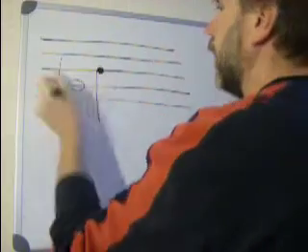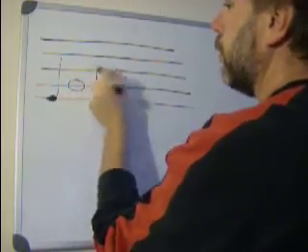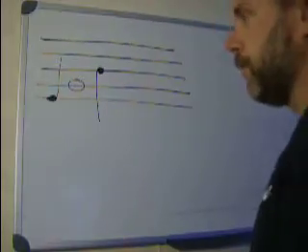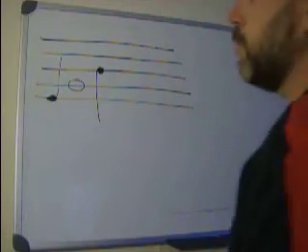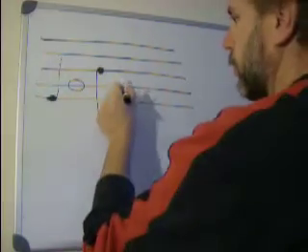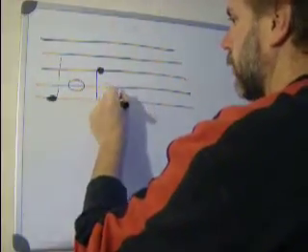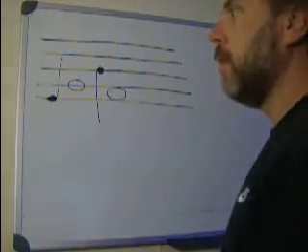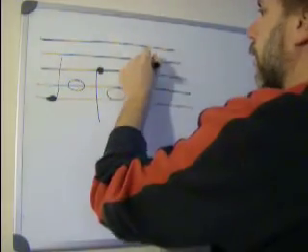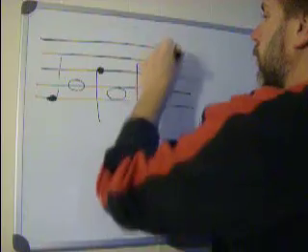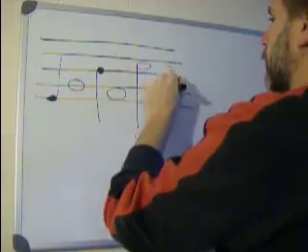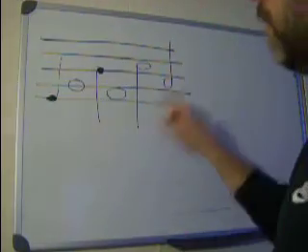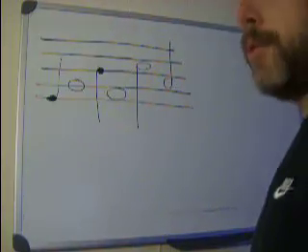If a line is going through the middle of the note, it's considered a line note. If there is no line going through the note and it's resting between the 2 lines, it's considered a space note. This is a space note. This is a space note. As long as there's not a line going through it, it's considered a space note.